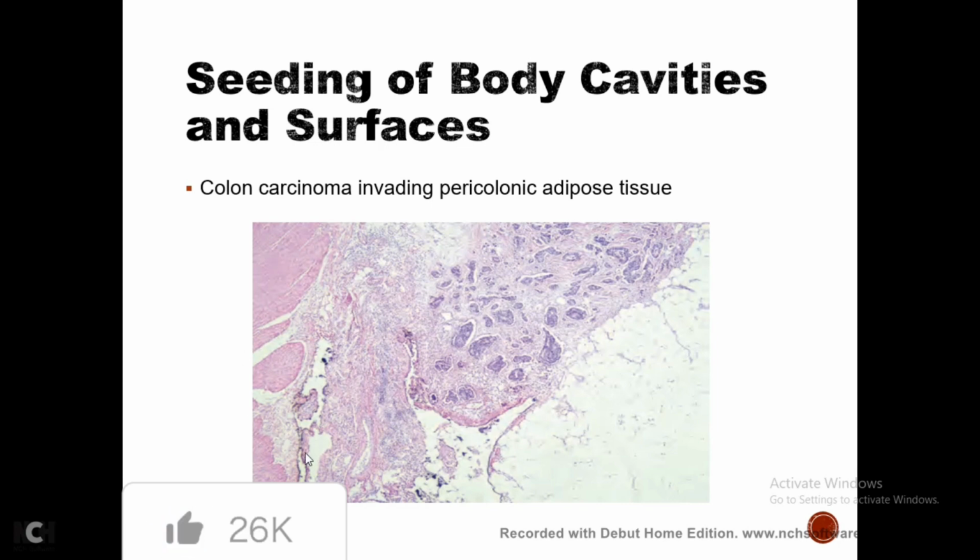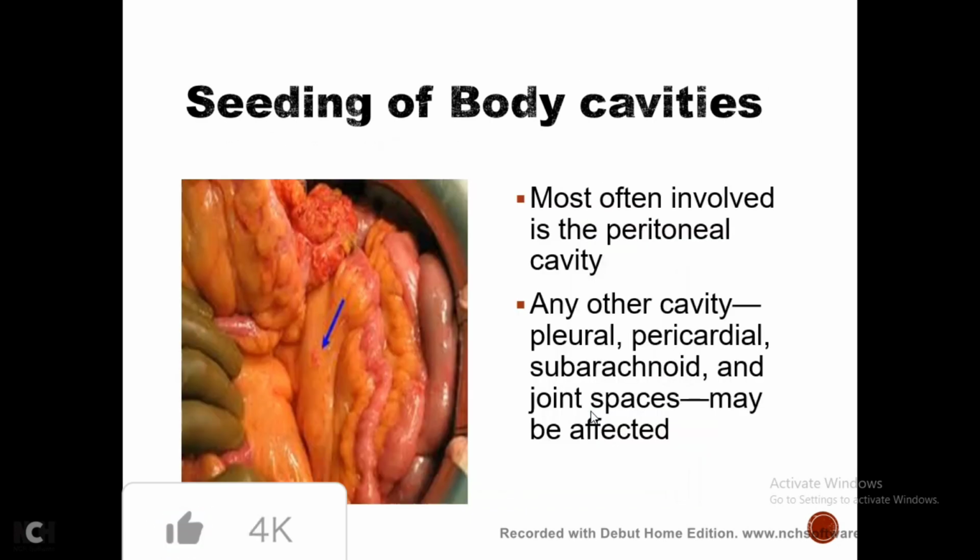This is the colon wall, ending over here with muscularis externa and serosa, and after that this is the extracolonic fat or the peritoneal fat, in which you can see a lot of tumor deposits. These are the purplish tumor deposits found in the adipose tissue. So these are the seeding of body cavities and surfaces.